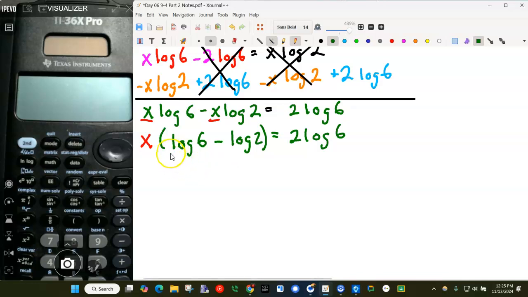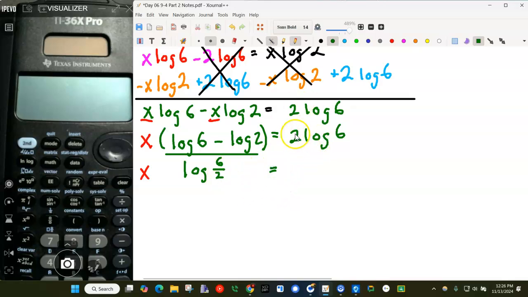And we can use some properties. If you look back on your notes, you'll remember we had different properties. So if we're subtracting logarithms, that's the same as dividing those numbers. Remember, these are exponents. So whenever you're subtracting exponents, that happened when you divided numbers with the same base.